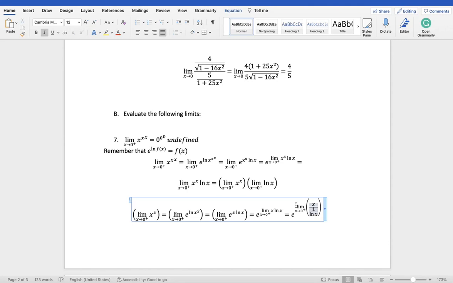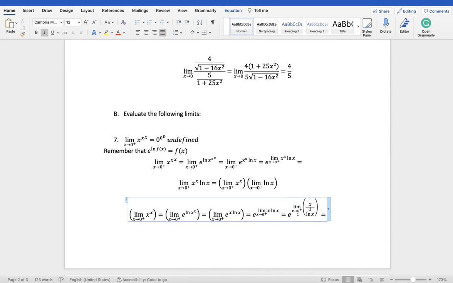And as soon as you apply L'Hopital's rule here to solve this limit in the exponent, if you do it multiple times, you will end up getting that this limit is equal to 0. So I'll leave you to solve that.